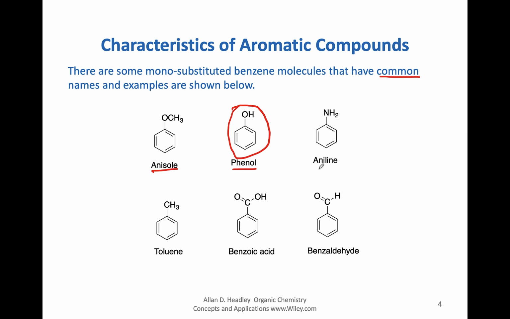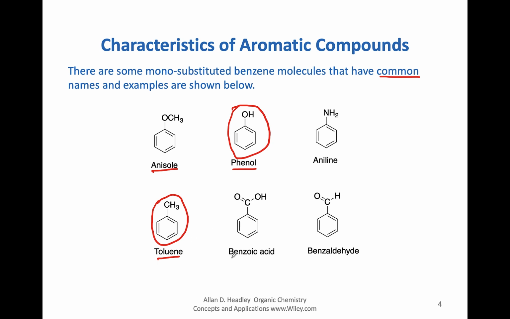Here's another one. Aniline has an amino group bonded to it. So this entire molecule is known as aniline. And another one, toluene, common solvent, has a methyl group, so this entire molecule here is known as toluene.